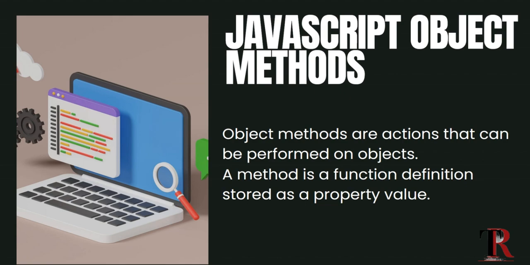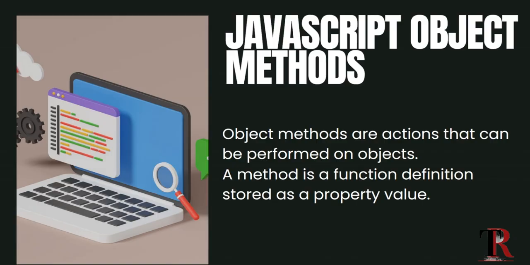So when you hear object method, it's not any big deal other than the fact that you use them to perform actions on objects. Beyond the basics of using the dot notation to access object properties, or adding properties to objects, you can also use object methods to perform other actions on your object.